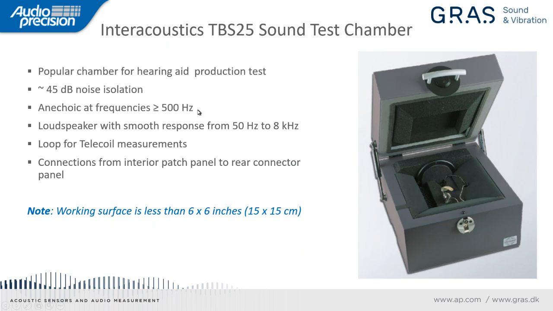It's specified to be anechoic at frequencies that are 500 hertz and higher. It has a built-in loudspeaker shown here with a very smooth response from about 50 hertz to 80 kilohertz. It has a built-in loop for telecoil measurements. And then for convenience, it has a patch panel on the inside that you can connect things to, and a mating patch panel on the outside to bring the signals out to the audio analyzer.